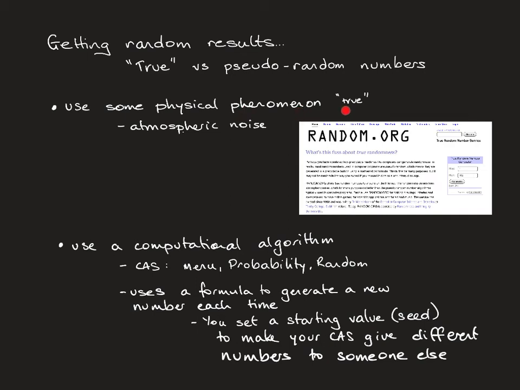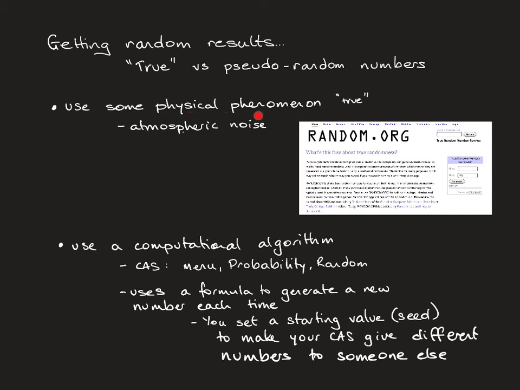It's true, we don't know how actual the randomness is, but it's considered true. So you can use things like atmospheric noise, or thermal heat generated from a particular place in the earth.